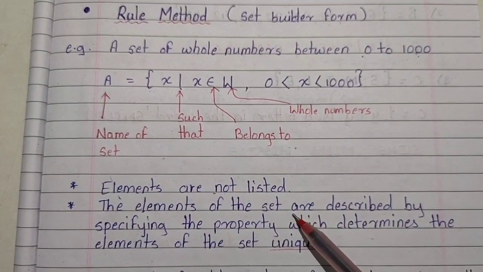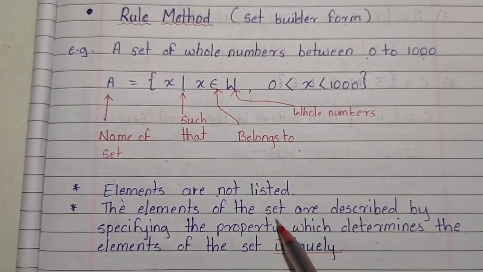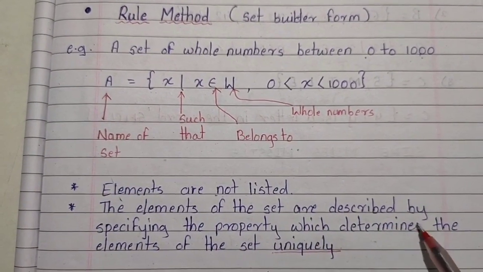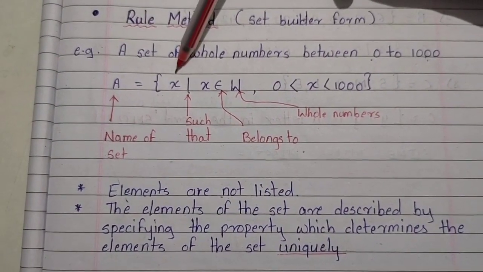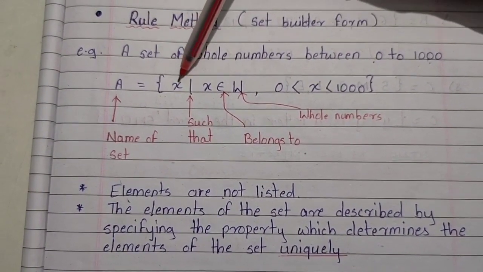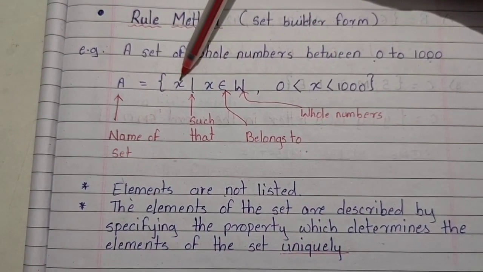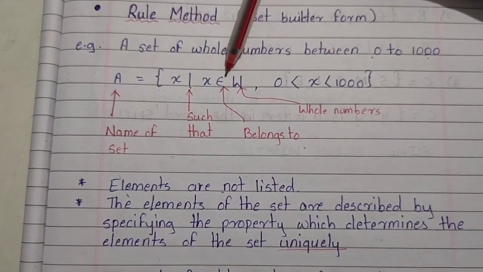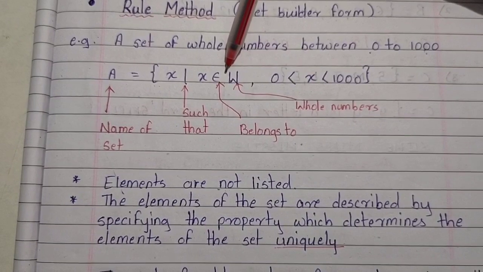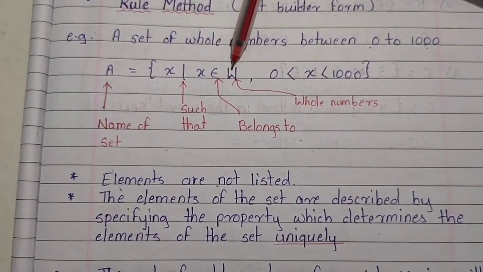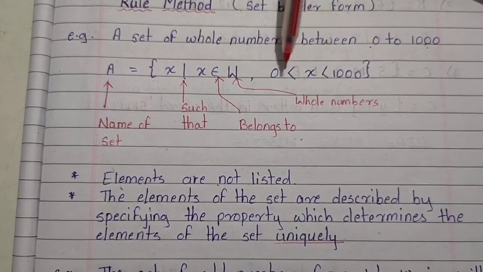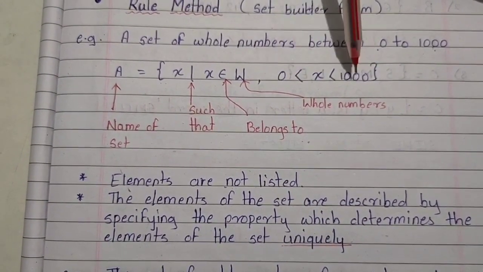And the second rule is: the elements of the set are described by specifying a property. Here we have described how our x is. Which property have we described here? That x belongs to whole numbers, meaning x is an element of whole numbers, and x is greater than 0 and smaller than 1000.